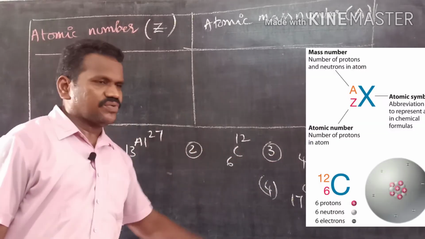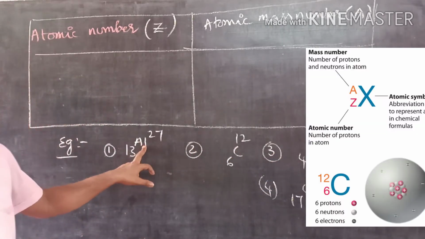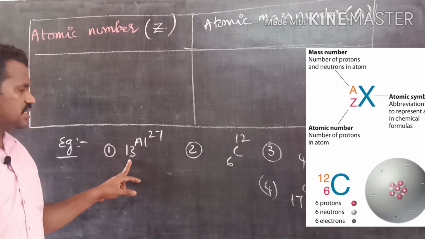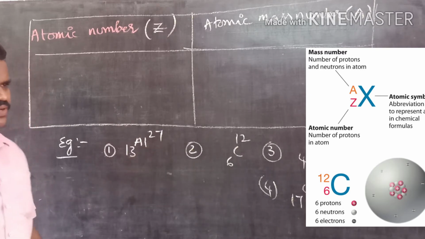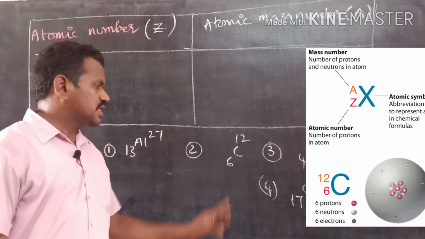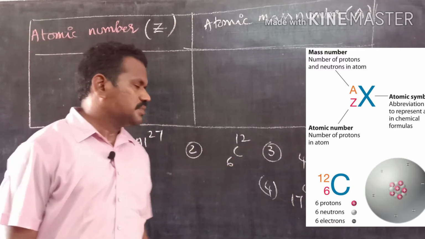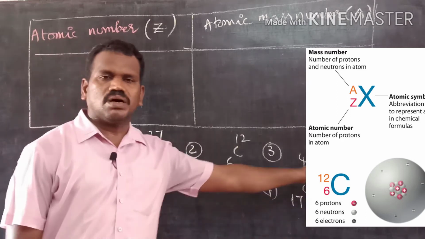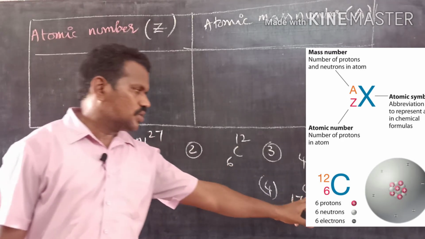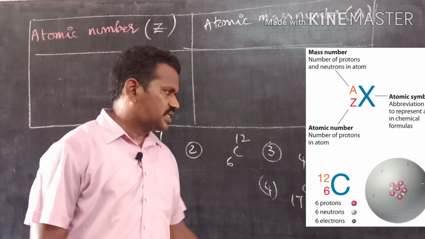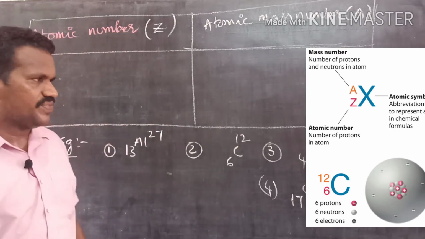Different examples are provided. Aluminium with atomic number 13, mass number 27. Carbon atomic number 6, mass number 12. Beryllium atomic number 4, mass number 9. Chlorine atomic number 17, mass number 35.5.